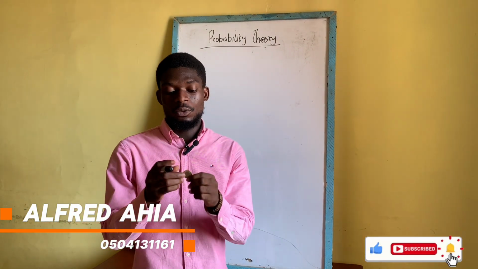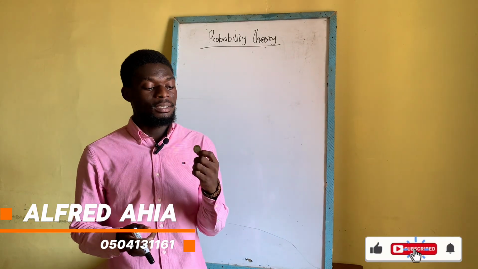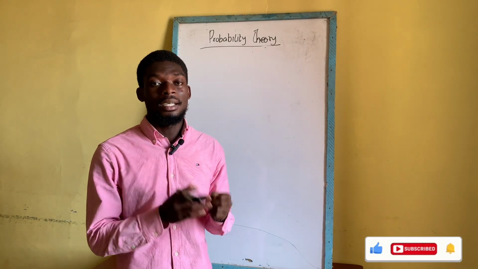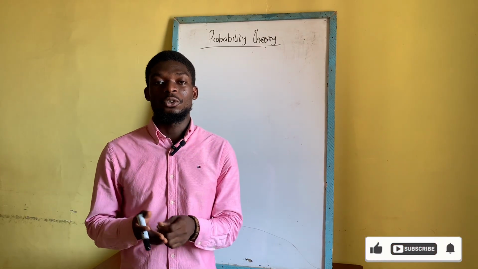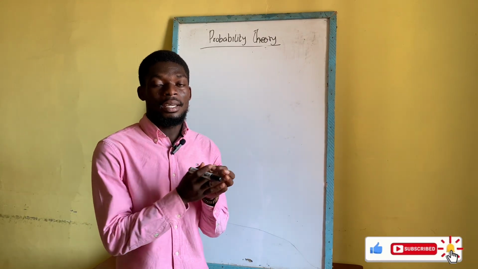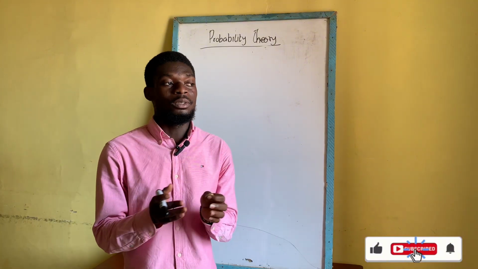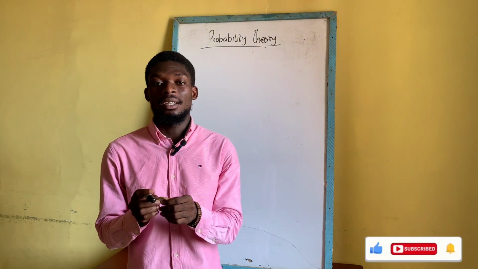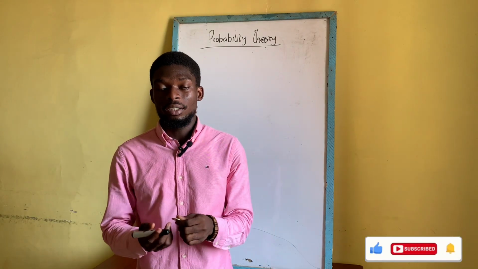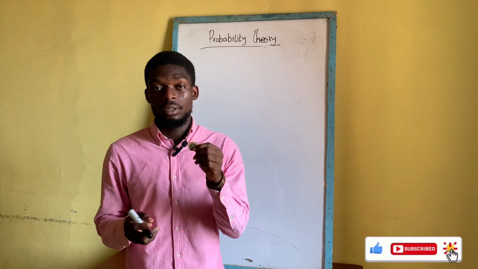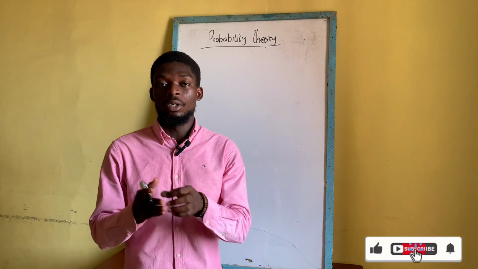If I take this particular pen and I flip, what are the chances that it lands on head or a tail? You might have noticed that we can't say for sure that we are going to get a head or a tail. We are not sure whether the outcome will be head or a tail. But we all know that the possible outcome, if I flip this particular coin, will be a head or a tail.